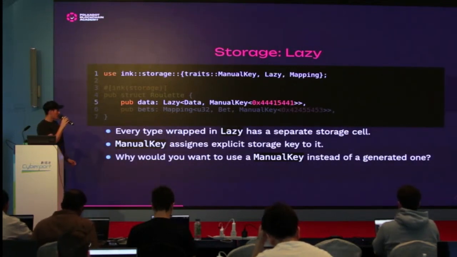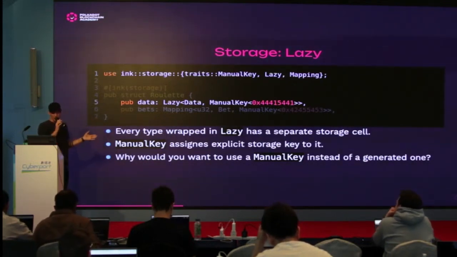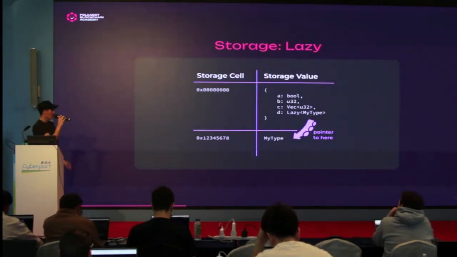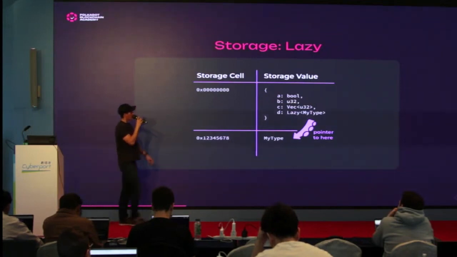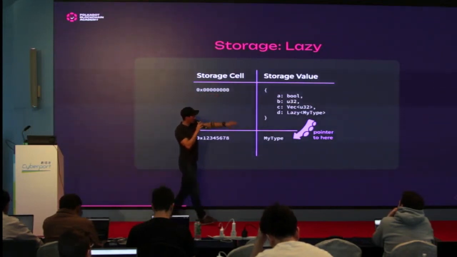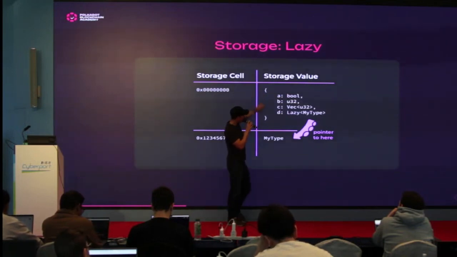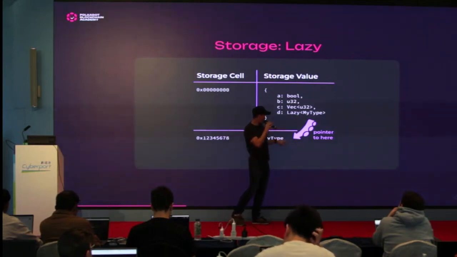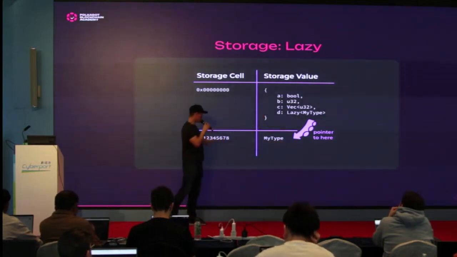And at that point, it provides partial access to it, just like a mapping. Here's what it looks like. This is the root storage. The moment you read it, it reads that value and decodes all these fields, but when it comes to decoding that particular D field, it just knows it's a pointer to some other place in the storage.